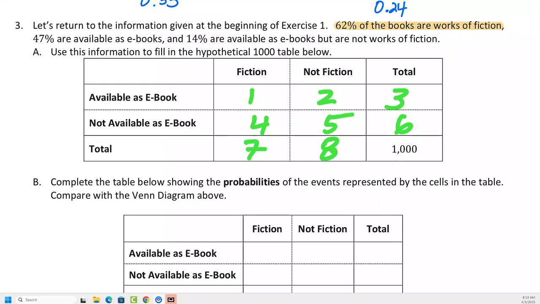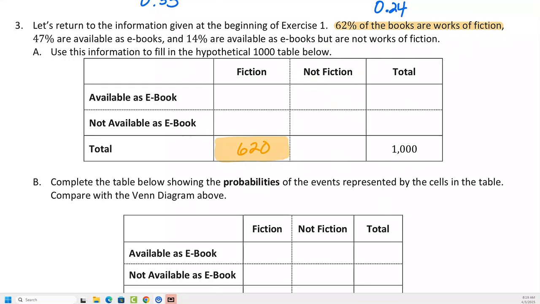Do you guys agree that it's going to be 7? Yeah, it's totally going to be 7. So I'm going to highlight this here, and I'm going to put in the 62. If I change that to a percent, it's 0.62, so that's going to be 620 here, isn't it?